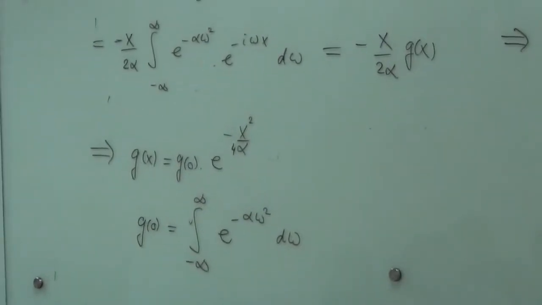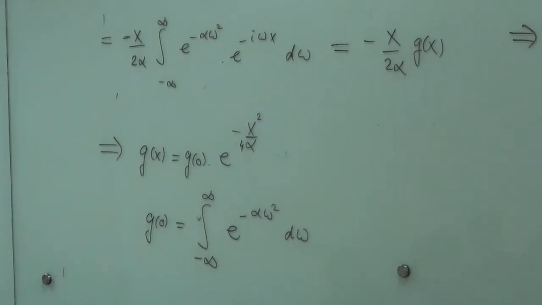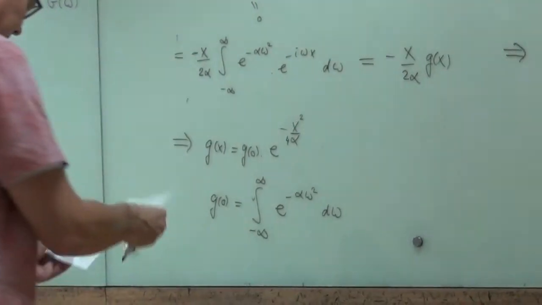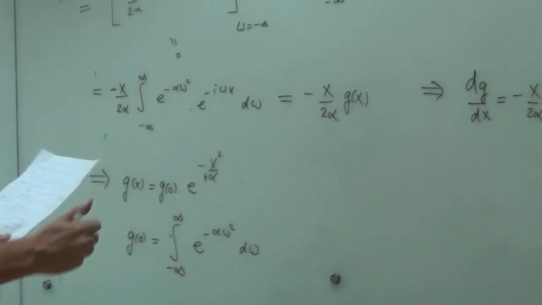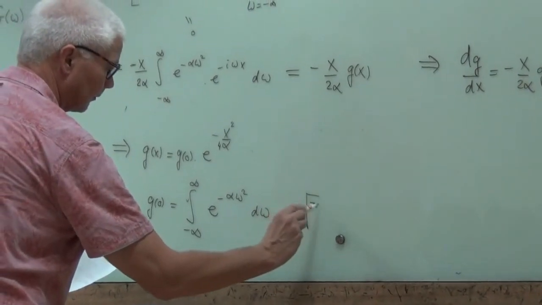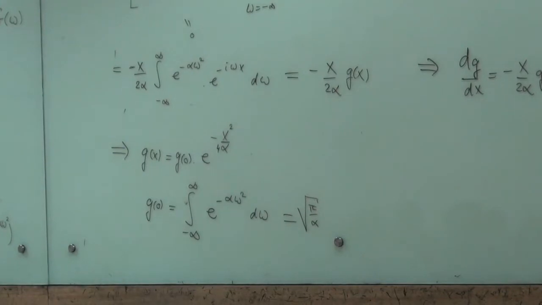If you did statistics, you remember the normal distribution, where you also had these integrals. And then you found that that integral was equal to the square root of pi over alpha. This expression.